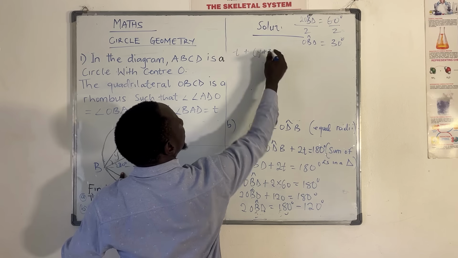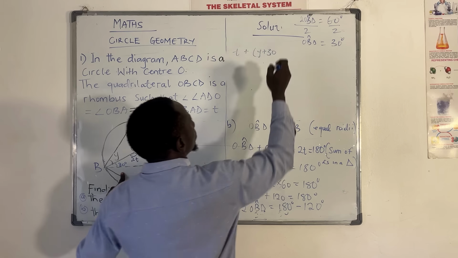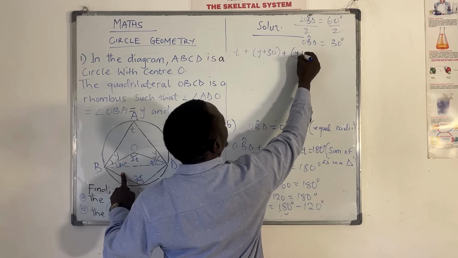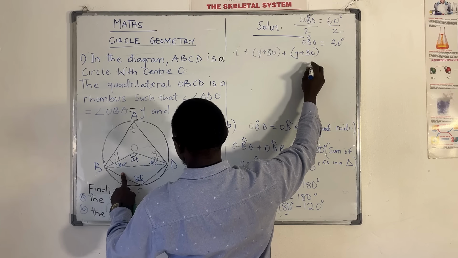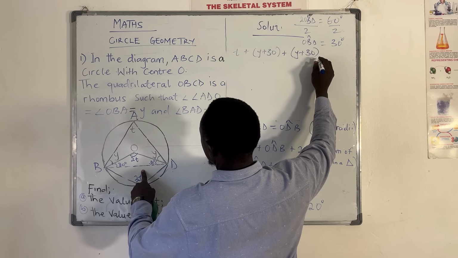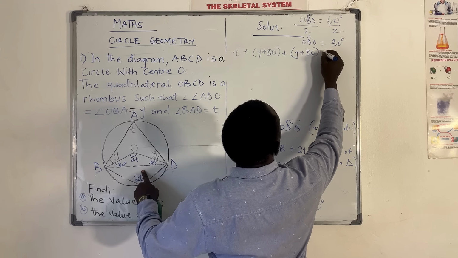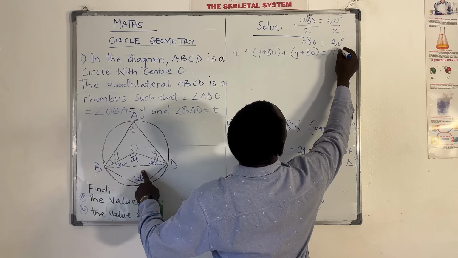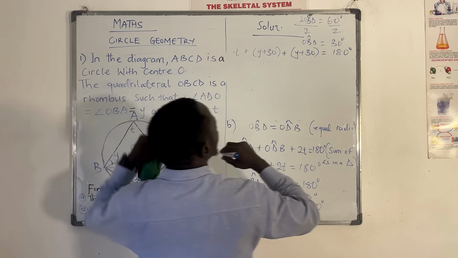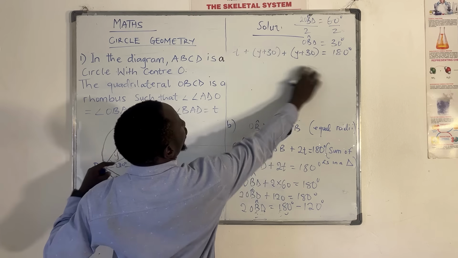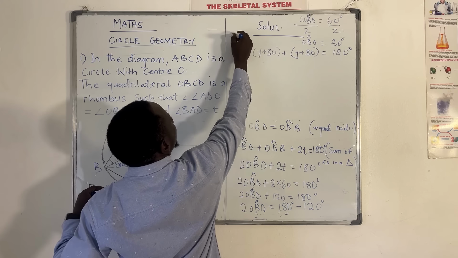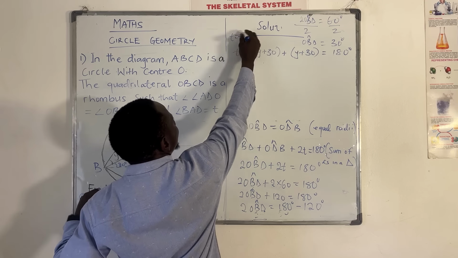Y plus 30 plus Y plus 30 is equal to 180 degrees. Now, if you remove the brackets, and don't forget your T is 60, just substitute.